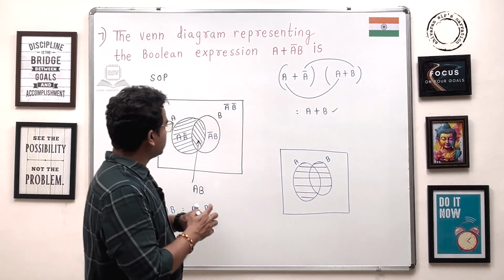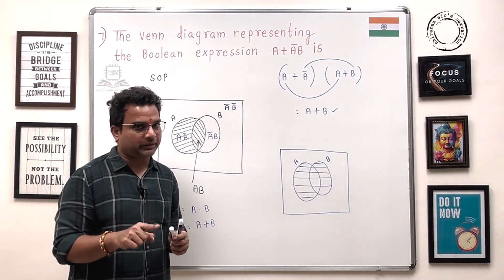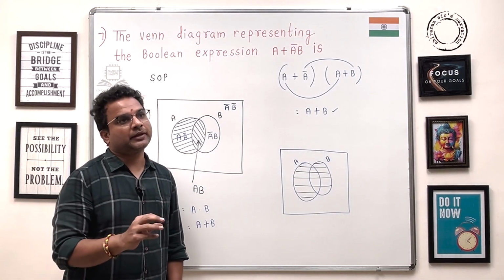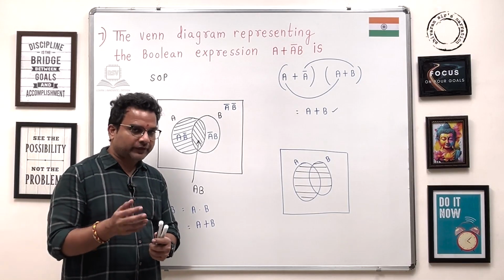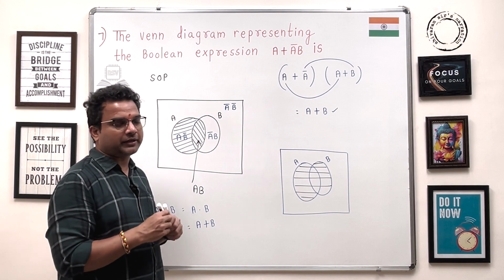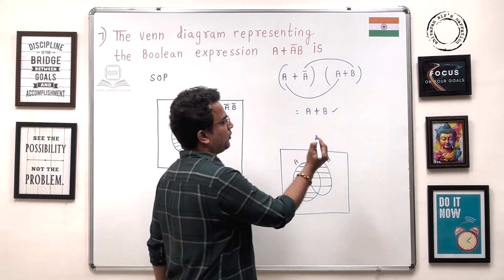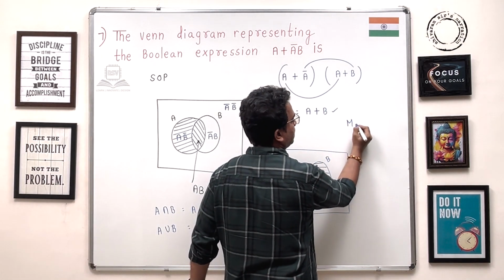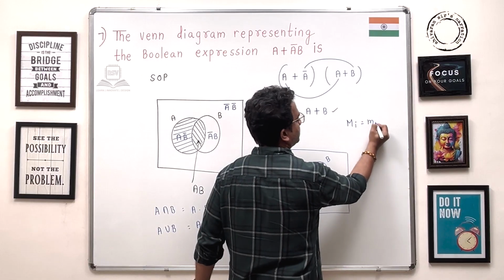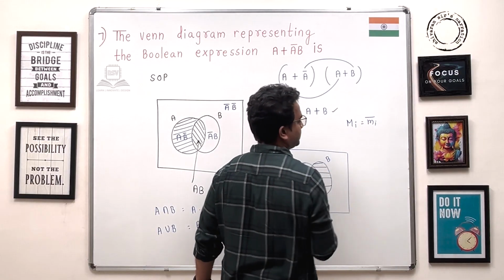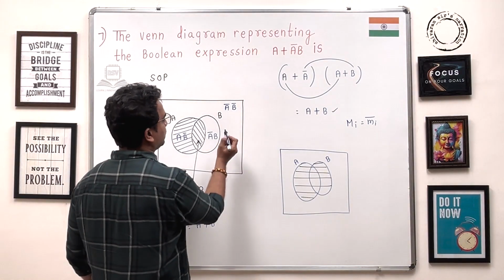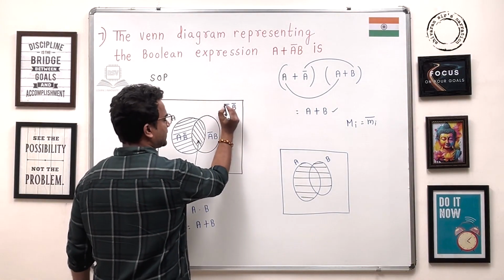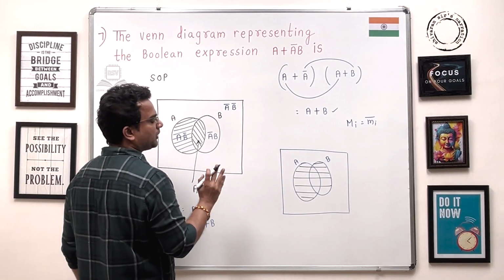Okay, so till now we have discussed about SOP, and remember guys, there might be POS also. Then if it is POS, how you will get it? Very simple. You know, max term is equals to min term whole bar, right? In the same way, here if you want to find out the max term, you just simply apply bar.